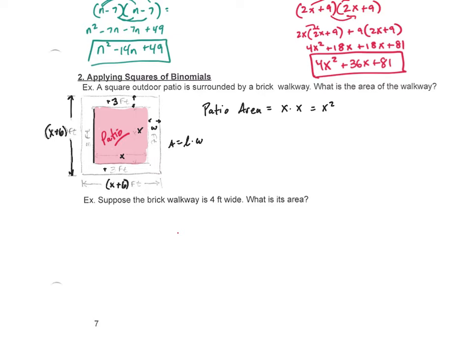The overall area, including the walkway and patio, is all of it: x plus 6 times x plus 6, which when we multiply that out becomes x squared plus 12x plus 36.